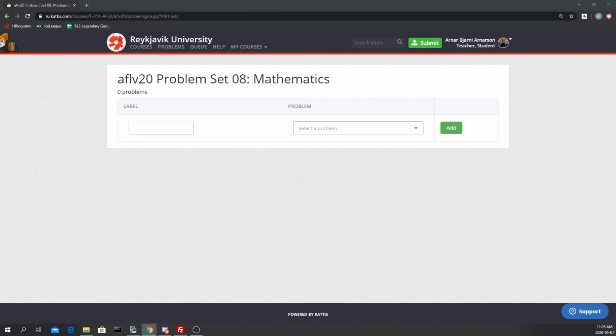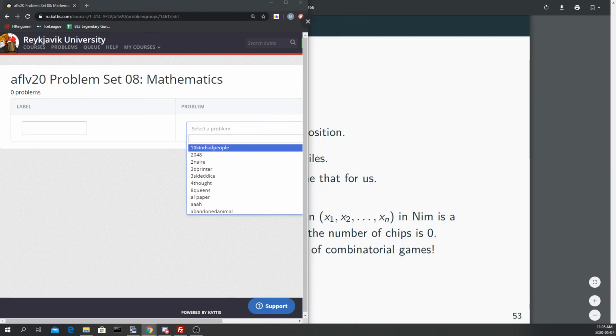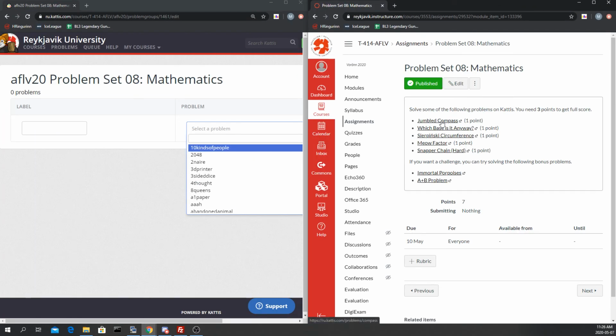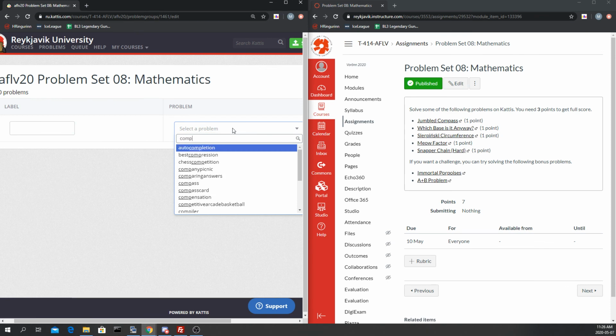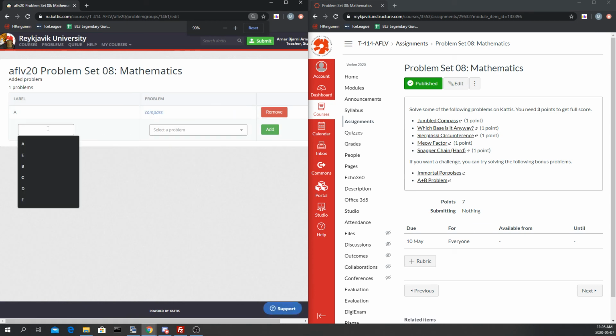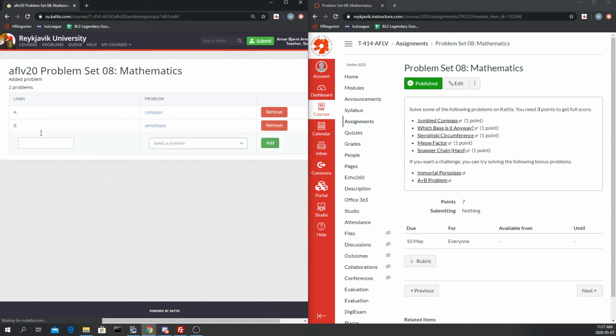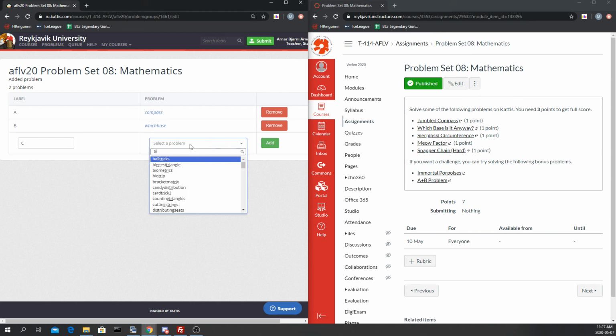Okay, so the problems we have are Jumbled Compass, Which Base, Triangle, Strange ID for something called Sierpinski's Circumference.